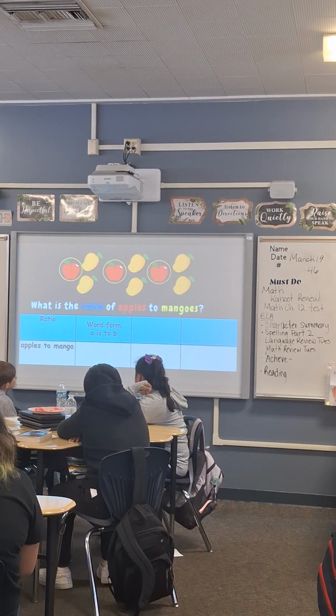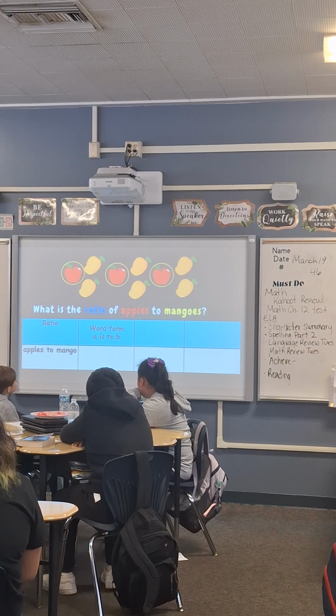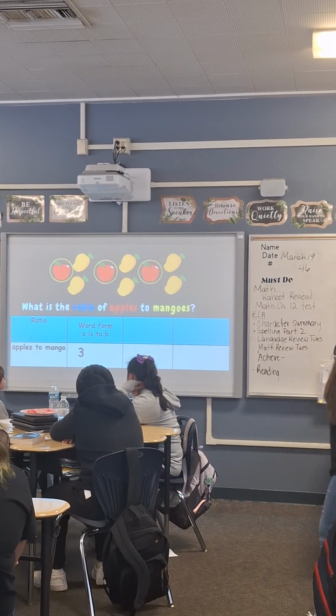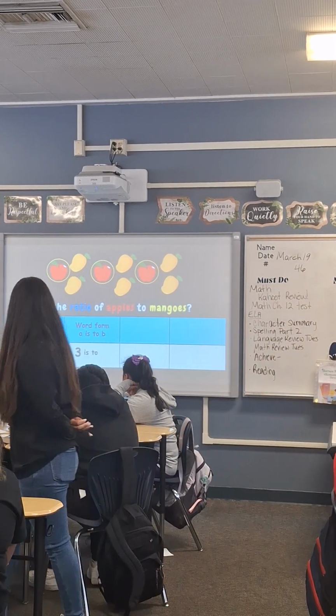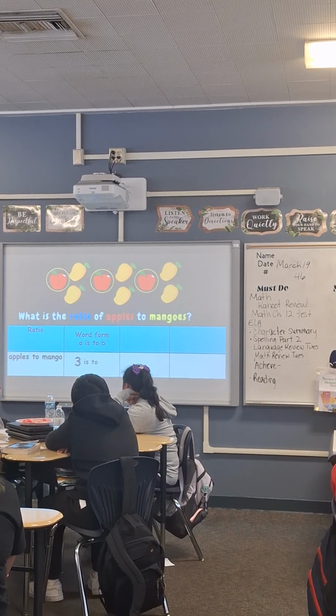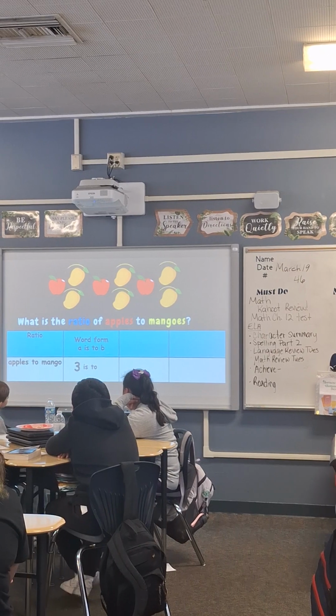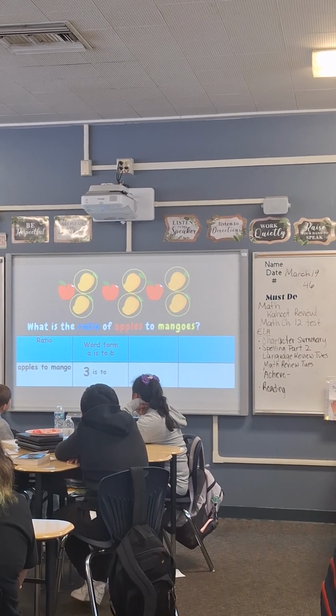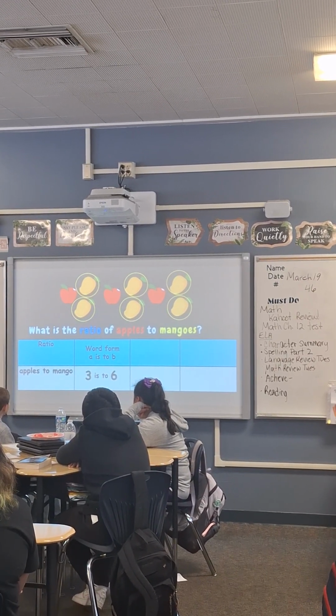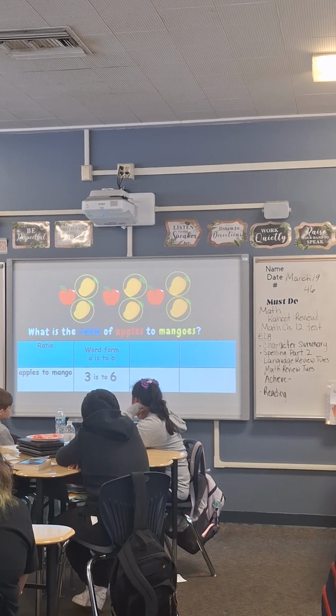We have 3 apples. Let's write 3. 3 is to... The second item is mangoes. We have 6 mangoes. That makes 3 is to 6.